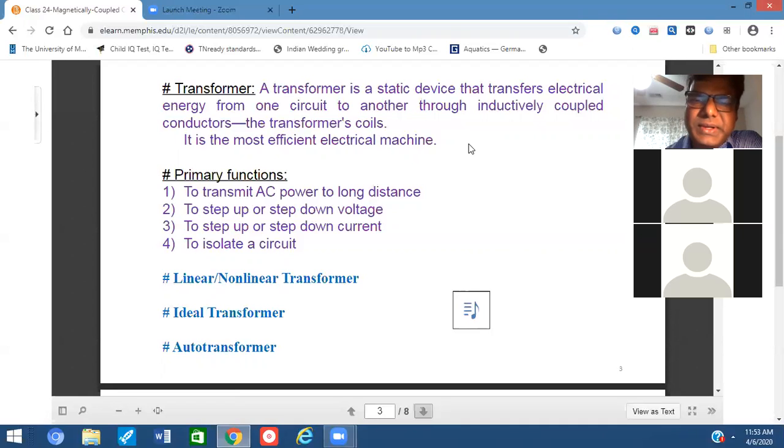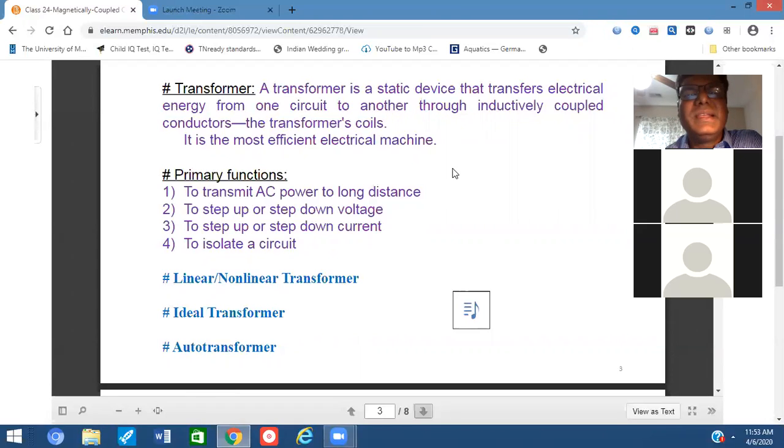On the other hand, a good generator or very good motor has an efficiency of hardly 80% or 85%. The rest, 20% or 15%, goes as rotational loss. So keep in mind that the transformer is the number one efficient equipment in electrical engineering.